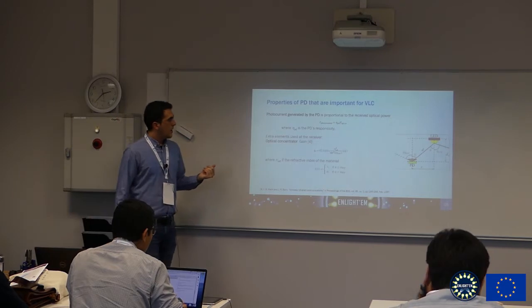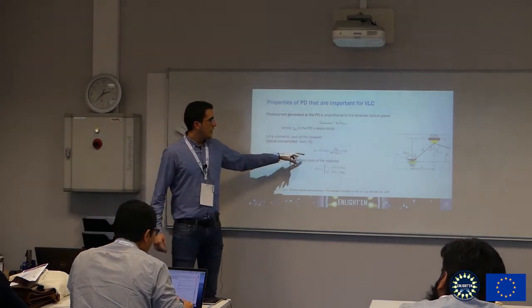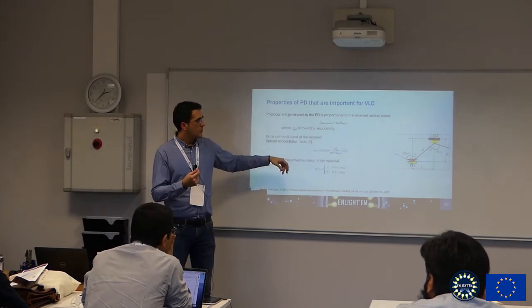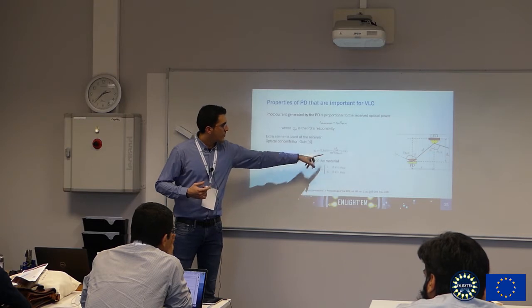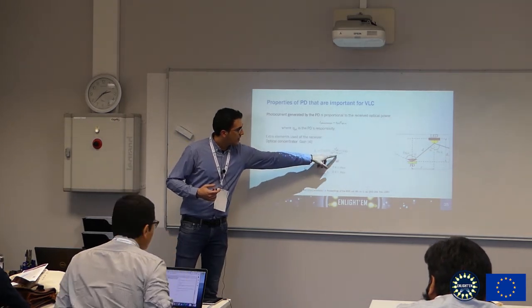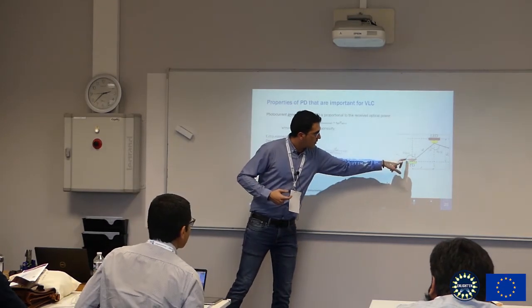But we can use some extra elements at the receiver side. For example, we can use an optical concentrator whose path losses can be modeled by using this equation here, where we have a refractive index and also the field of view angle, which is a characteristic of the photodiode.